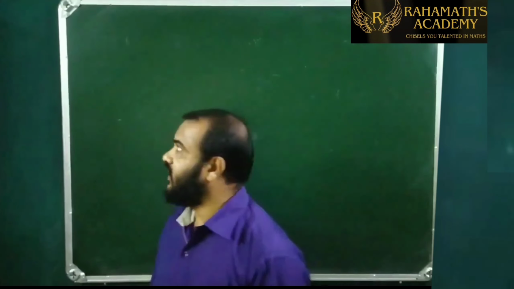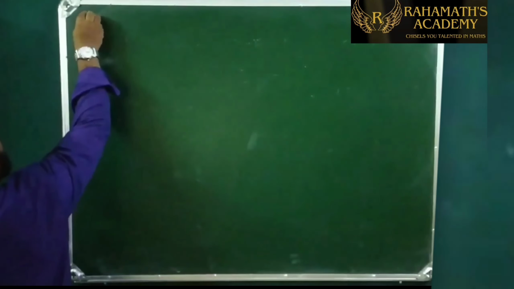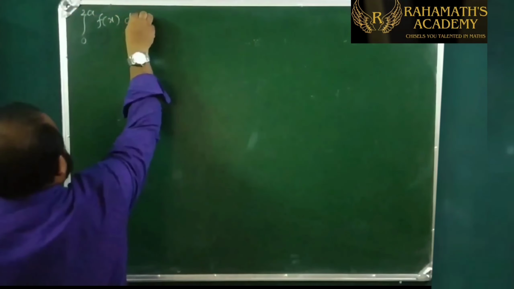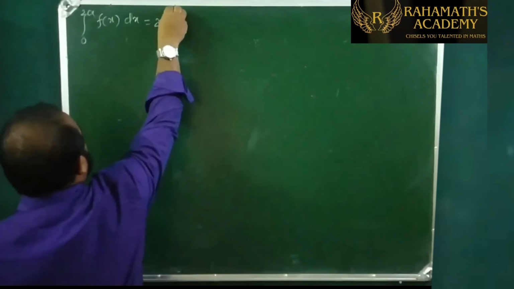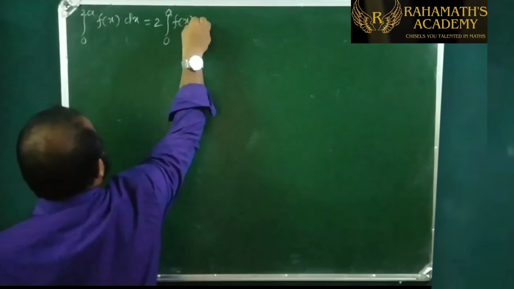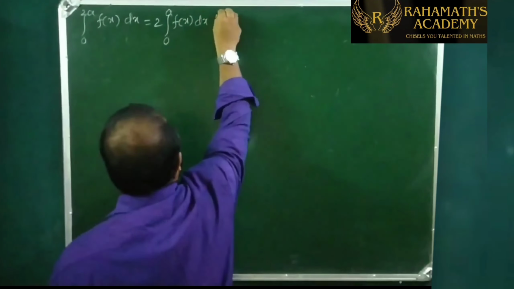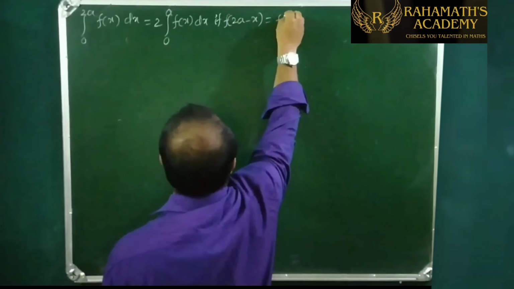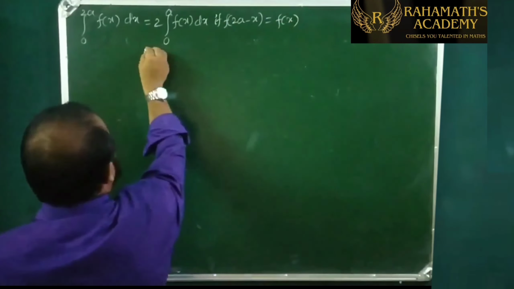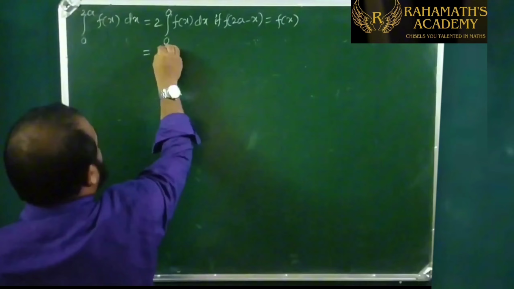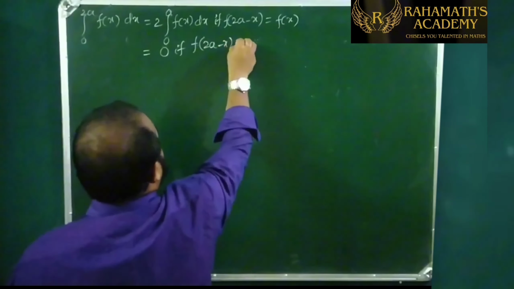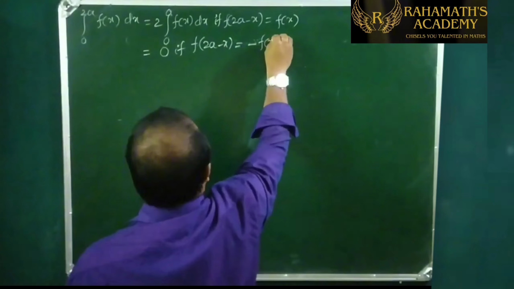Next property is integral 0 to 2a f of x dx is equal to 2 integral 0 to a f of x dx if f of 2a minus x is equal to f of x, and the same value is equal to 0 if f of 2a minus x is equal to minus f of x.